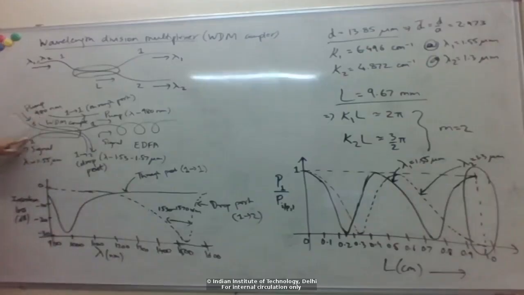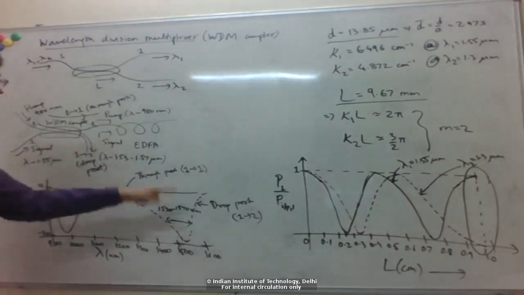Typically, these fiber 1 and 2 will be different, so they will be dissimilar. So in that case, kappa 1 2 and kappa 2 1 can have some significant difference. So the 1 to 2 response won't be exactly the same as the 2 to 1 response.